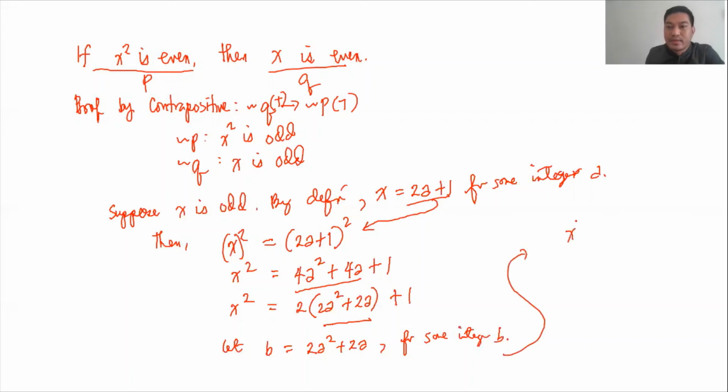So x squared now is equal to 2b plus 1. And we know that 2b plus 1 is odd. Thus, x squared is odd by definition. So we're done.